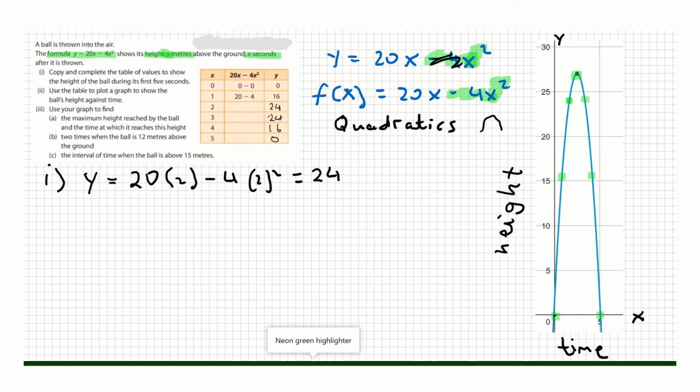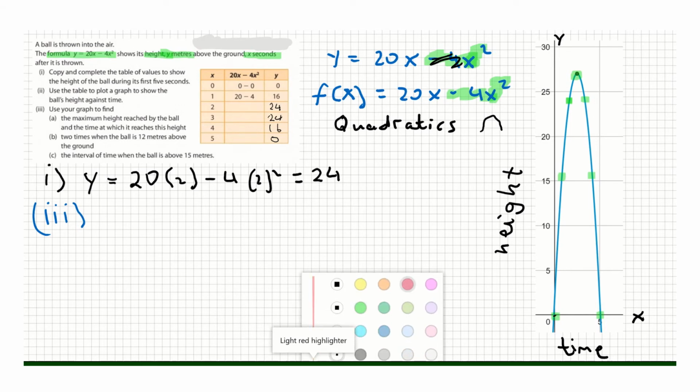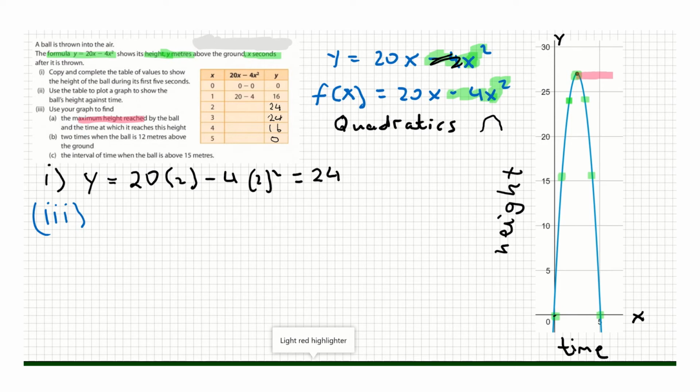So part 3 asks us a couple of questions. The maximum height reached by the ball. Okay, so the maximum height reached by the ball is here. Okay, it's between 25 and 30, and it's closer to 25. So the maximum height is approximately 27 meters.